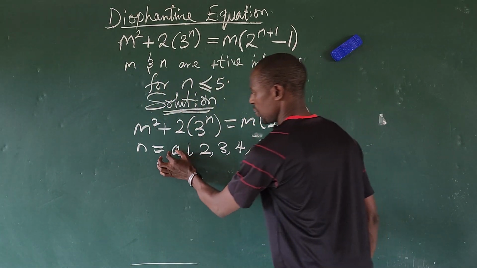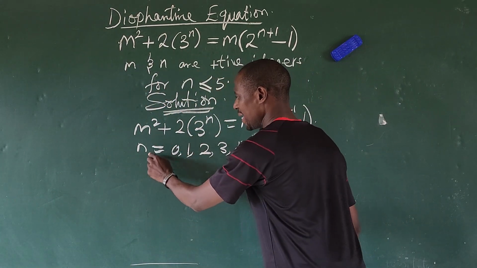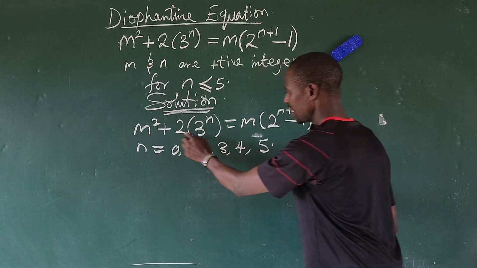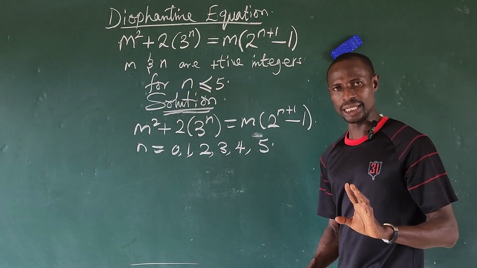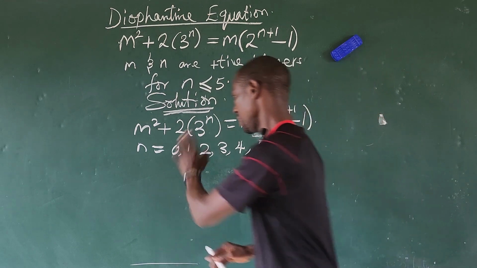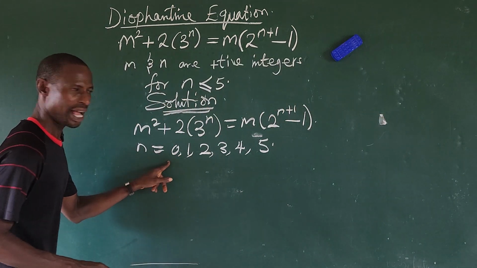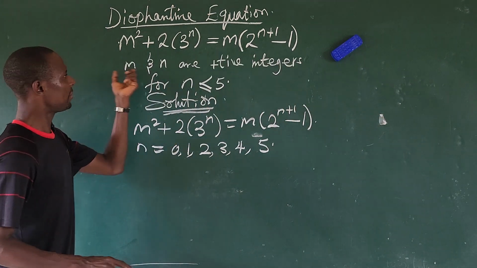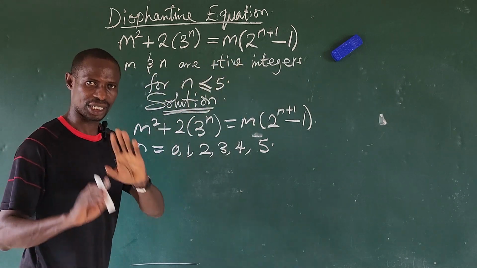We put the value n equal to 0 into this equation, and that will lead us to a quadratic equation. Let's take the first one, because we're going to arrive at an answer that is not needed based on this statement, but let's just clarify it.